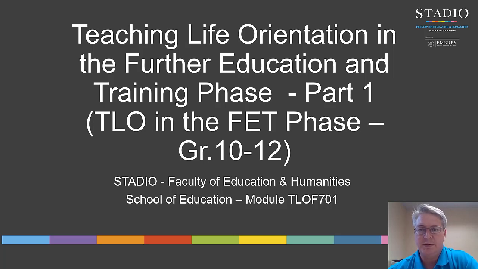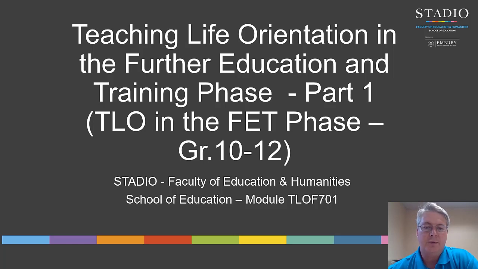In this first part one, I'm hoping to just give you an overview of the structure of this module that you enrolled for. And in the next lecture, we'll be looking a little bit more closely at your actual module content.